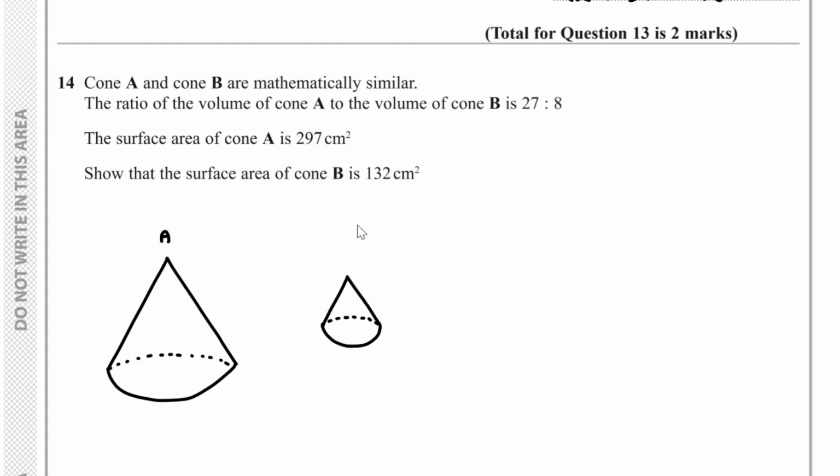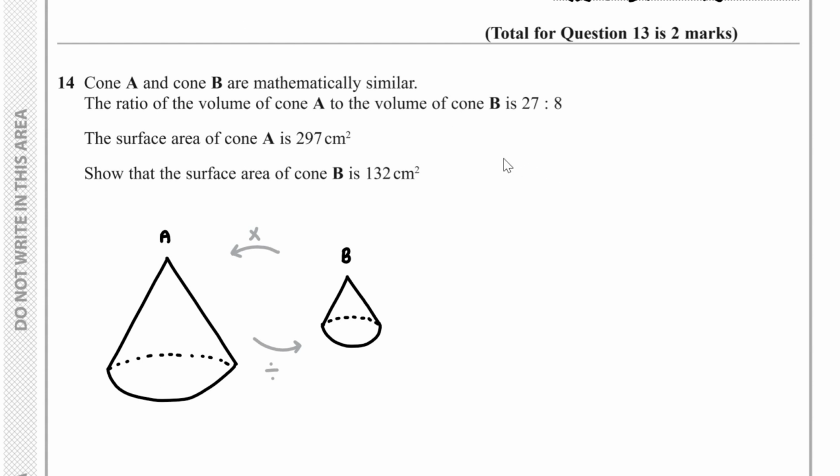We've got cone A and cone B, and what we can do over here is, first of all, recognize that to go from the small shape to the big shape, we need to multiply. To go from the big shape to the small shape, we of course need to divide.